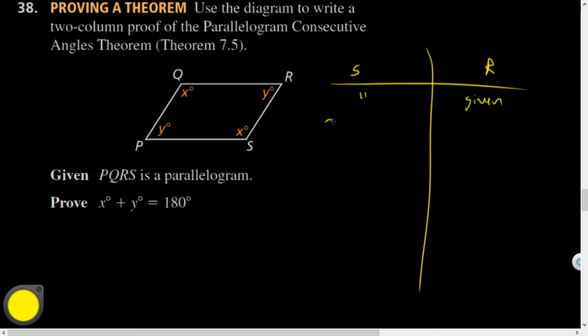I'm going to say QR is parallel to PS. Why is that true? Yeah, definition of parallelogram. How's that going to help me?